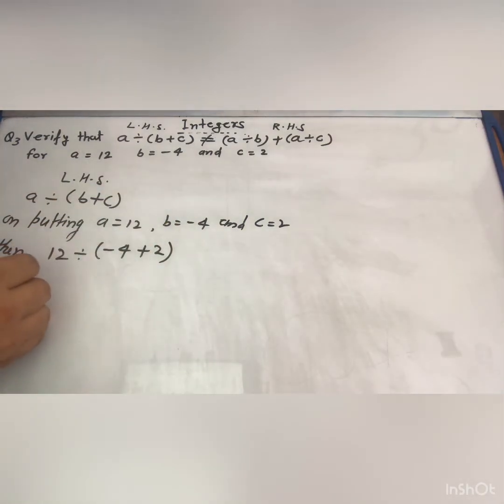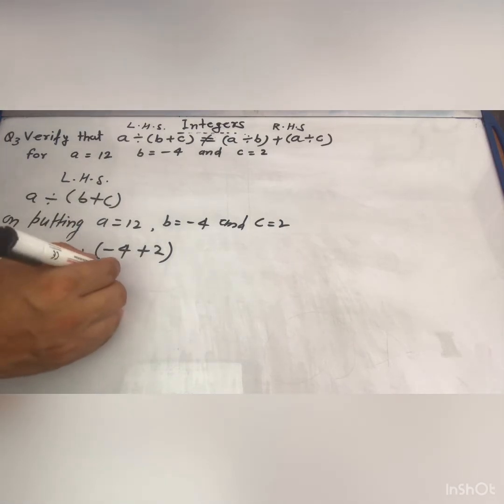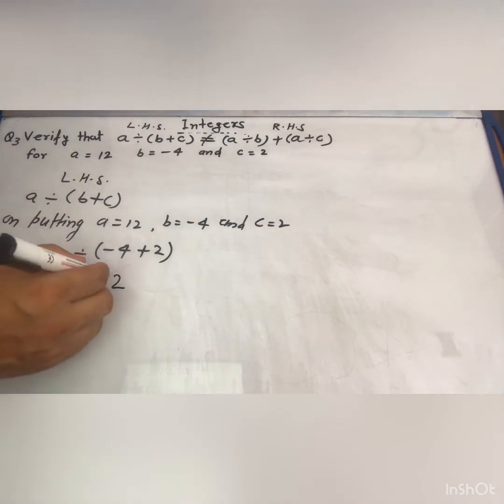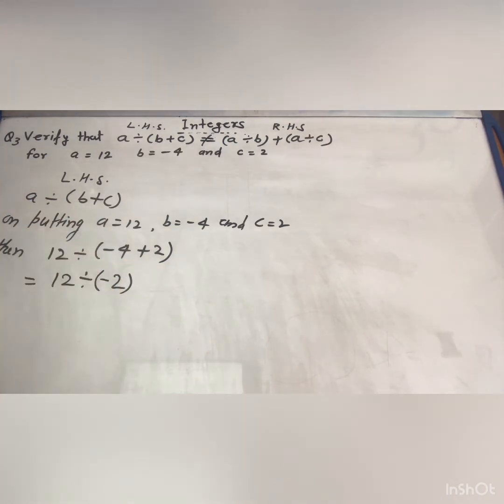Okay, but the rule for solution of any question is that first of all we operate the bracket. So first of all we operate the bracket, that is -4 plus 2. So here the signs are opposite, one is negative and the second is positive, so always you subtract them. So this gives you 4 minus 2, that is 2. And which one is greater? 4 is greater than 2 and 4 contains the negative sign, so this gives you negative, that is -2.